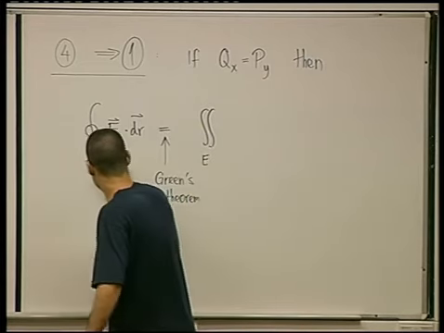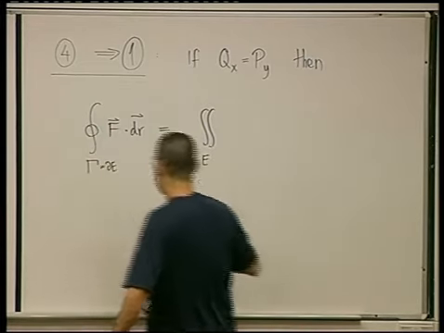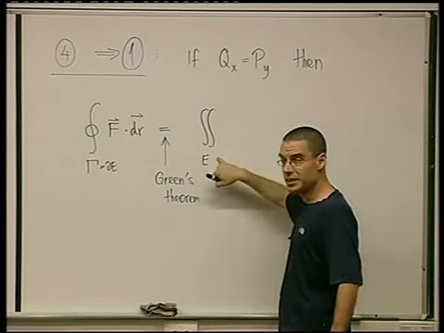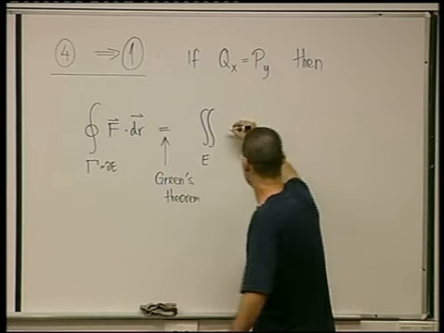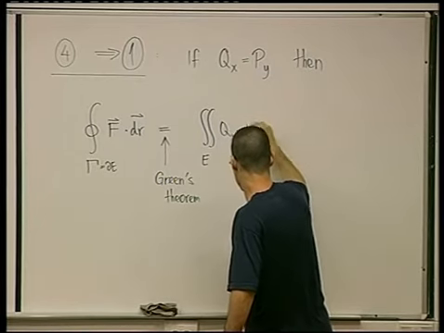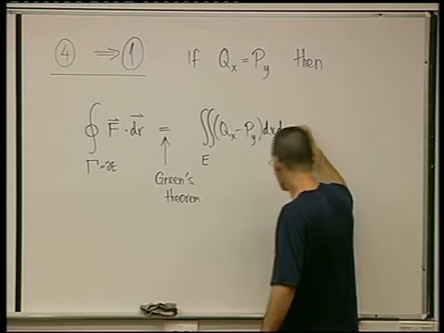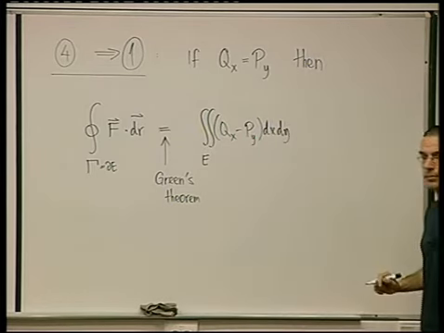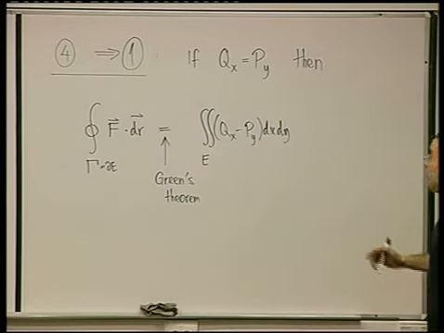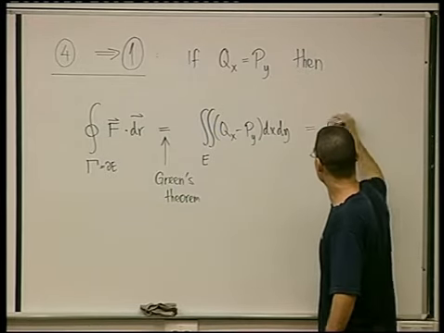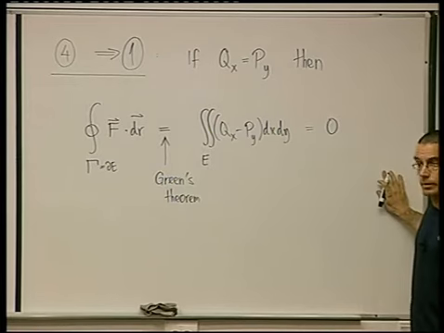And here, what was the function inside this double integral? It was Qx minus Py. This was precisely Green's theorem. Remember that? And if Qx equals Py, this thing is 0. Do you agree?